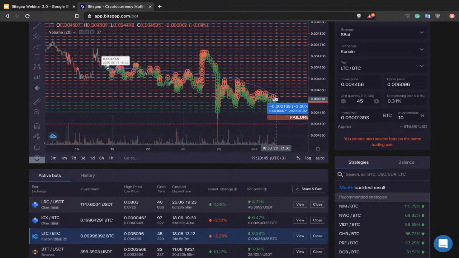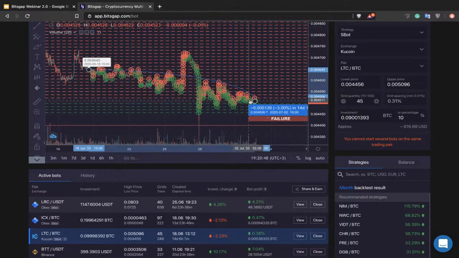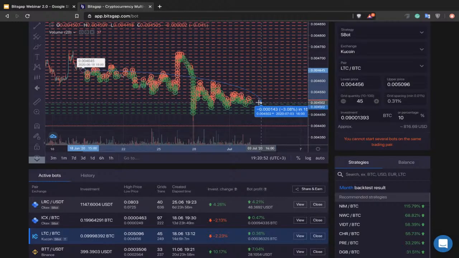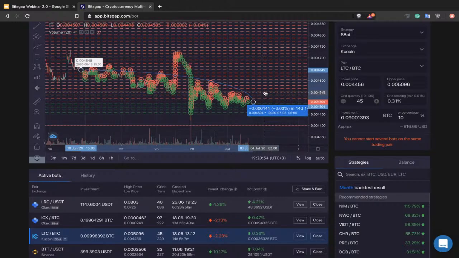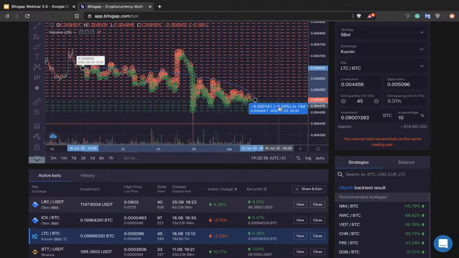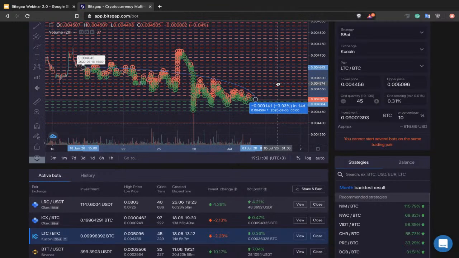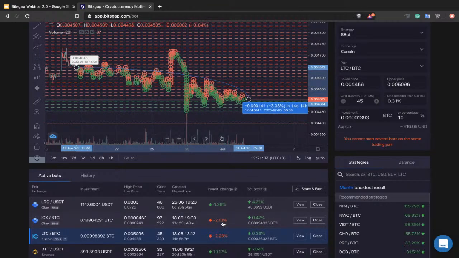So once again, if you would simply hodl this coin down to the current price, you would be in a -3% return on investment zone. But with automated trading, and as we allow the bot to use LTC to generate profits in BTC, we are only at -2%.